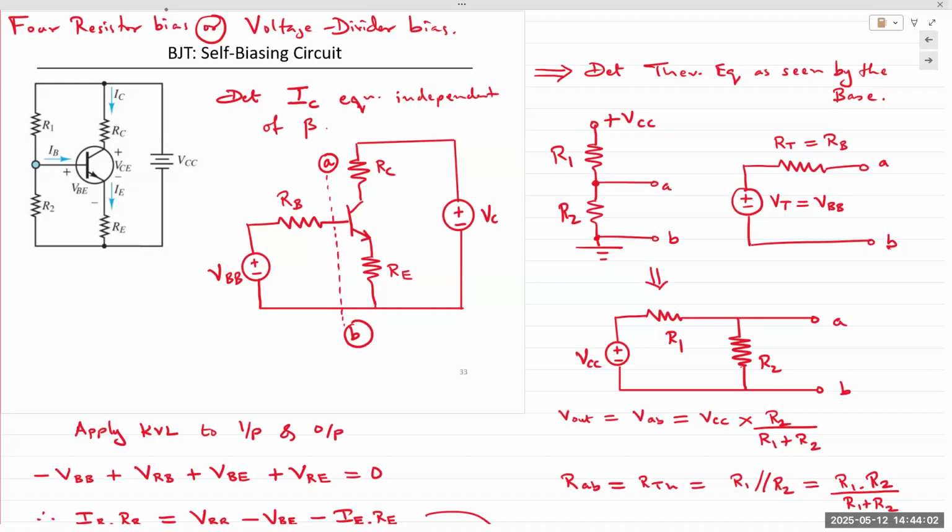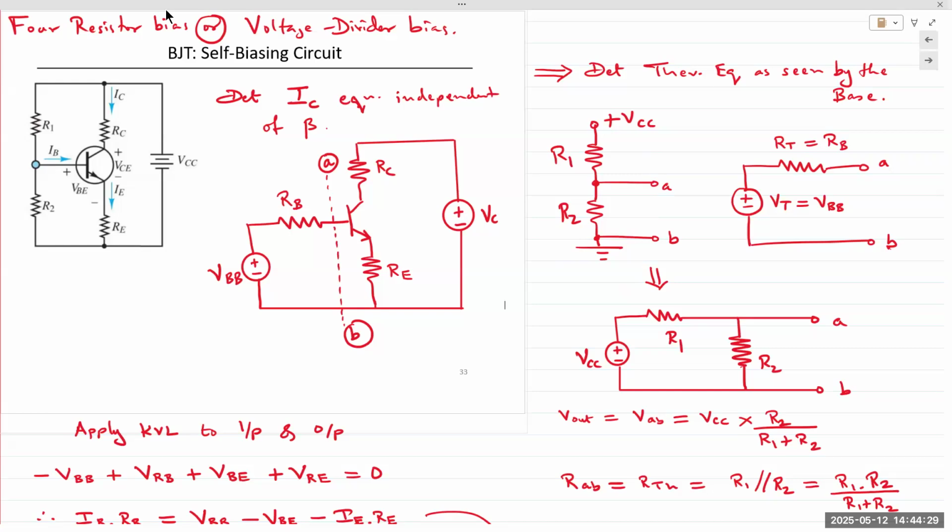Also known as the voltage divider bias, because the base resistors R1 and R2 form a voltage divider network. A voltage divider network, recall from circuits 1 or E115, is a series connection of resistors where you apply one single voltage.